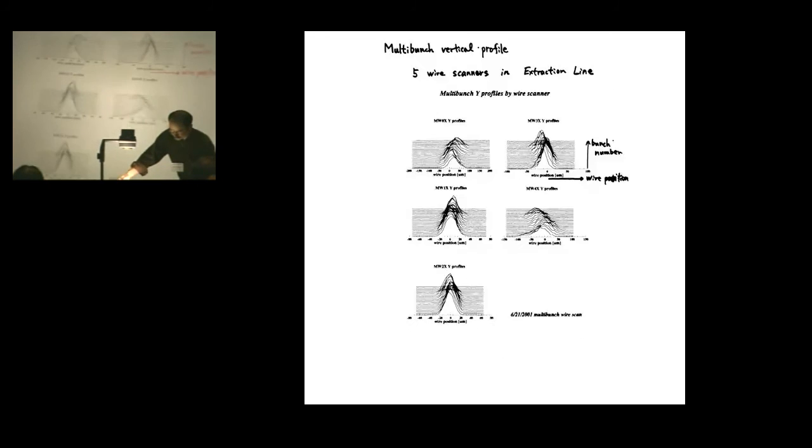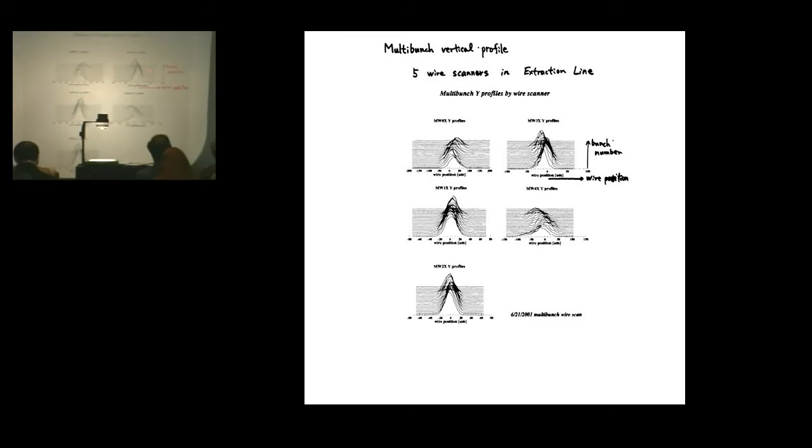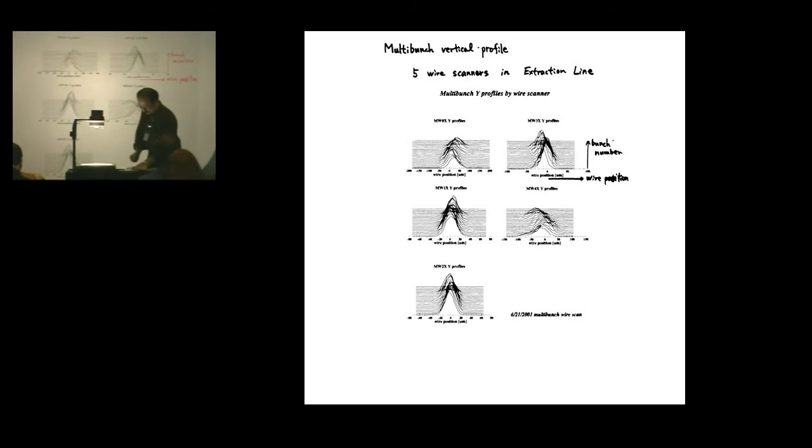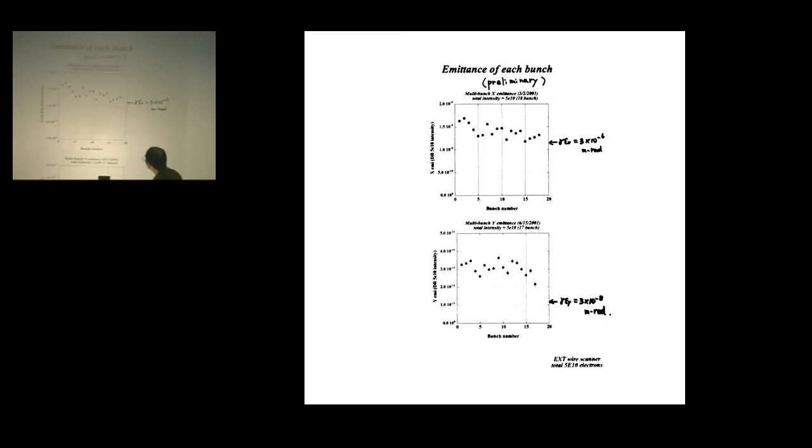Then we have 5 wire scanners at different positions in the extraction line. So, for example, we got this kind of profiles for, in this case, about 18 bunches. Then from this, we can calculate the emittances of each bunch. This is an example of the result.